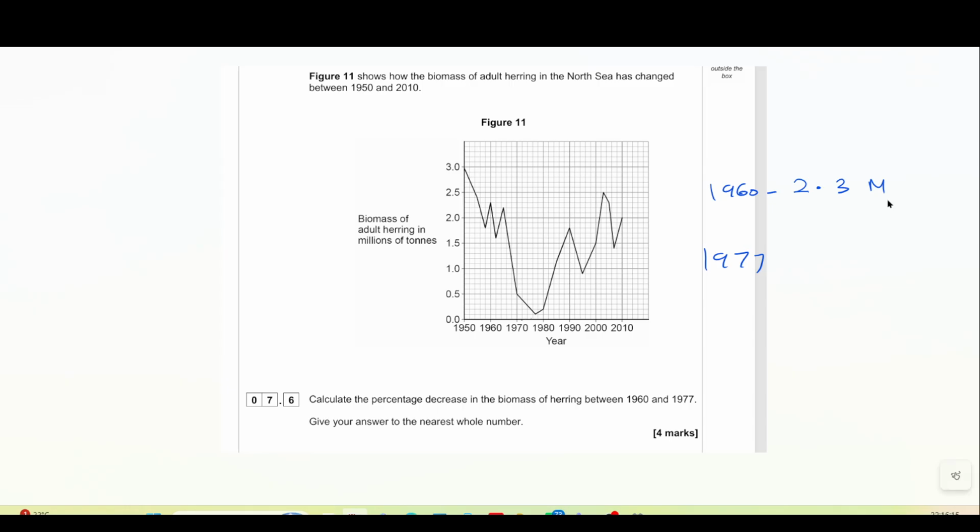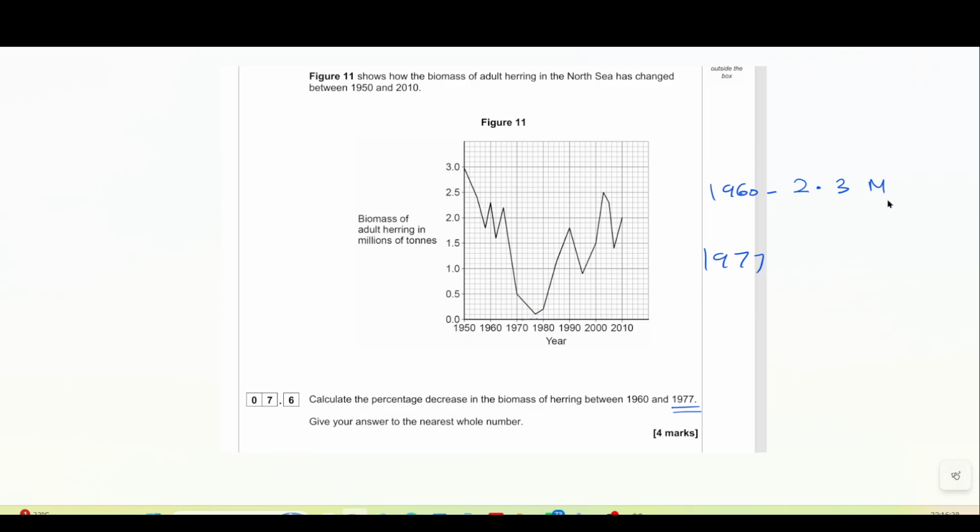Go roundabout here. It drops to like 0.1. Is that 0.1 at 1977? Yeah.